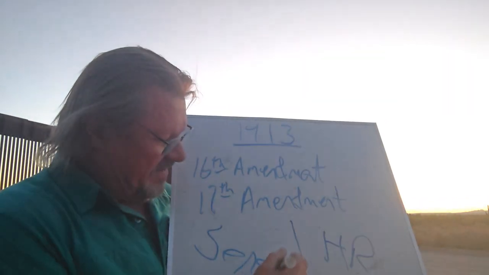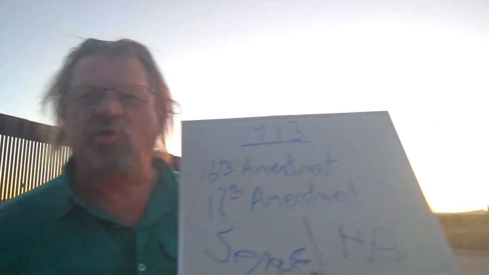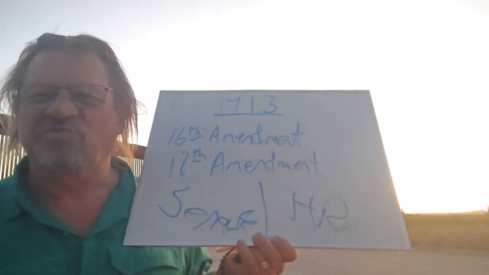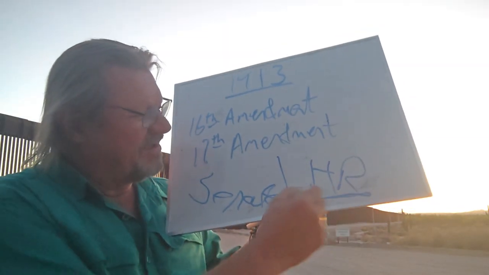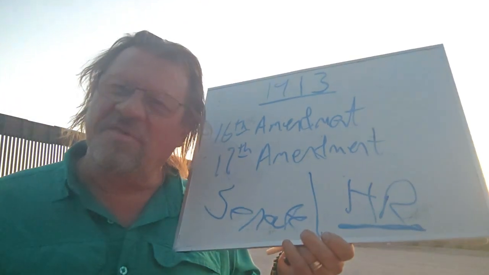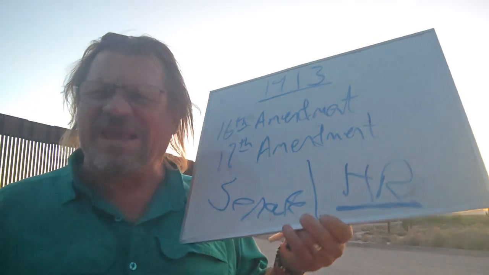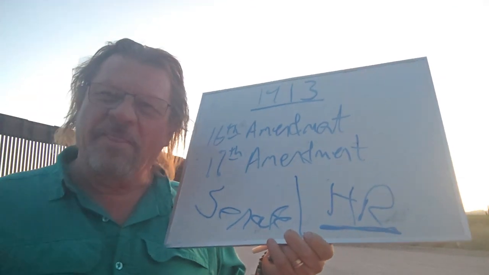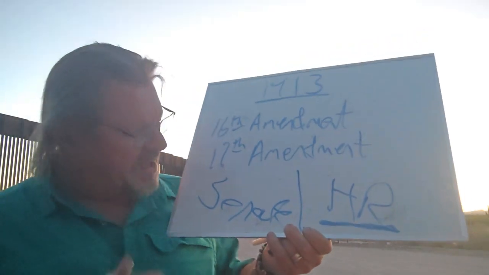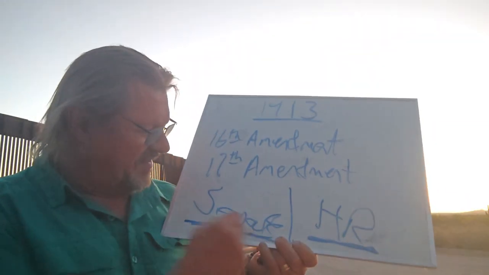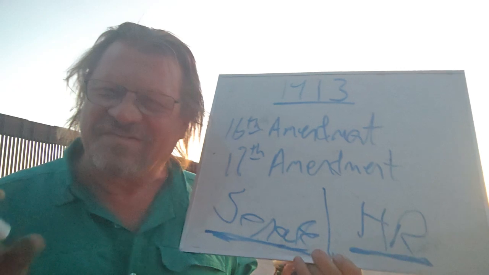Now, the founding fathers, when they created Congress, when they drafted the Constitution, they said, let's make the House of Representatives beholden to the people, right? Beholden to the people. They are responsive to the needs and the will of the people. And the Senate, let's make the Senate beholden to the states.